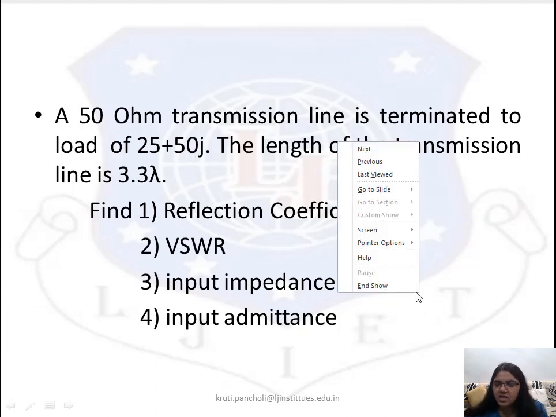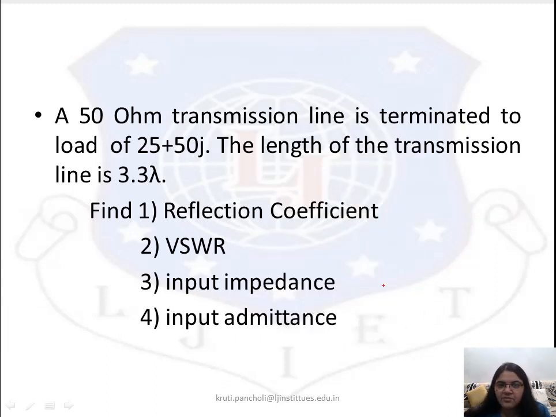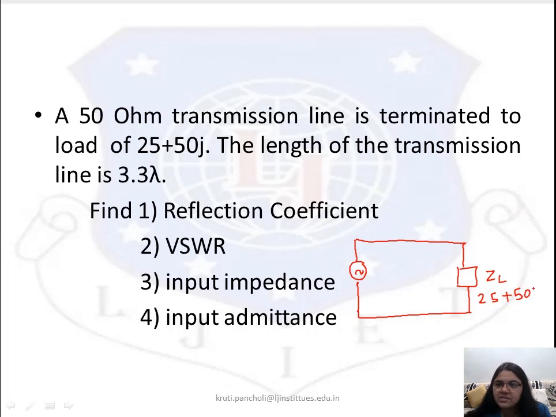If I draw the diagram for this, you can keep in mind it is the generating end, then the load impedance we have, so it is my ZL. What is the value of ZL? It is 25 plus 50j. What is the value of Z0? It is 50 ohm. So Z0 equal to 50.